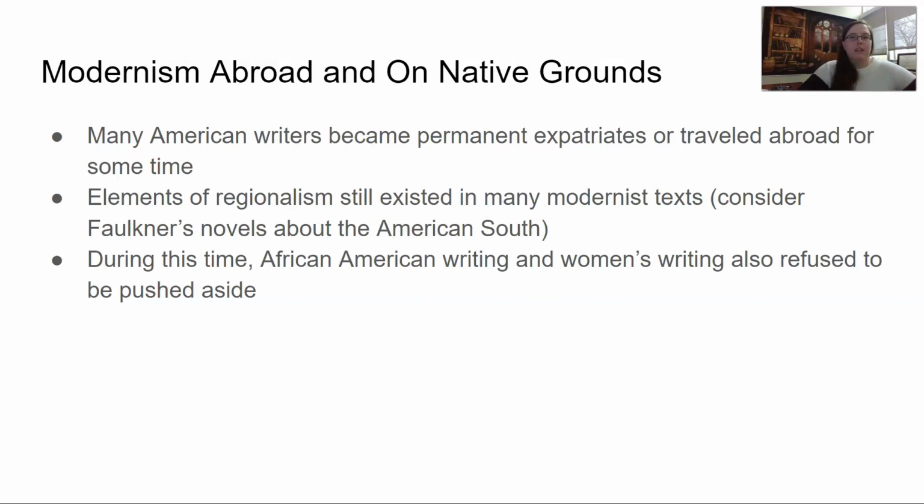I think we've got two more slides here. Modernism Abroad and on Native Grounds talks about our expatriates. So many American writers became permanent expatriates. Some even renounced their American citizenship, like T.S. Eliot did. And then others maybe just traveled abroad for some time. Being an expatriate is basically like you're still an American citizen, but you're living overseas in a more permanent way.